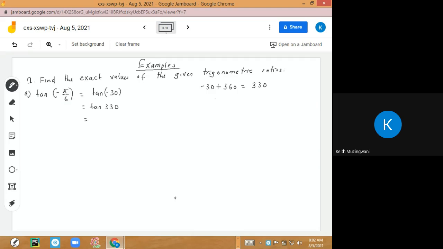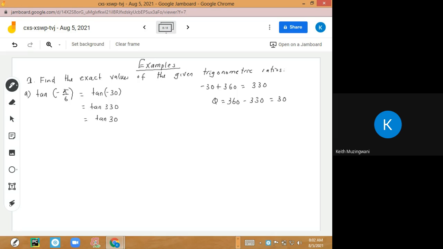So the reference angle of 330 is 360 minus 330, which gives 30. So it's supposed to be the same as tan 30. But look, 330 is in the fourth quadrant where tan is negative.